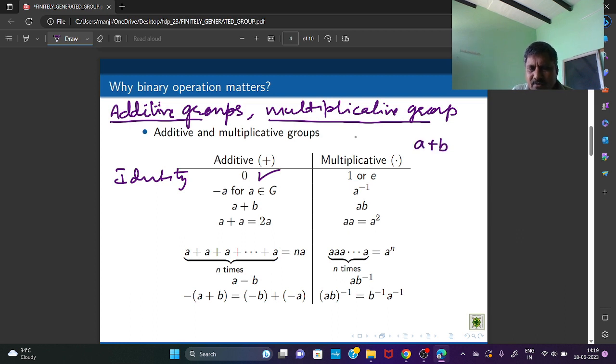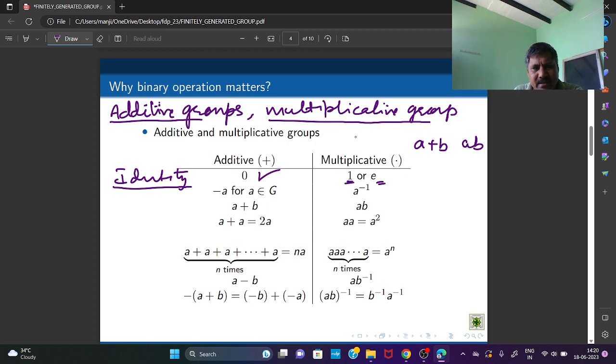It is quite easy to write ab instead of a plus b. We will use the multiplication operation in most cases when we develop the study of groups, subgroups and normal subgroups. Both are synonymous: an additive group can be considered as a multiplicative group. The main difference is that the identity element is written 0 here and 1 or e there.